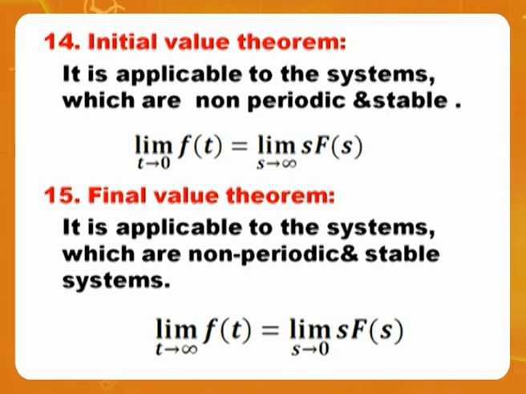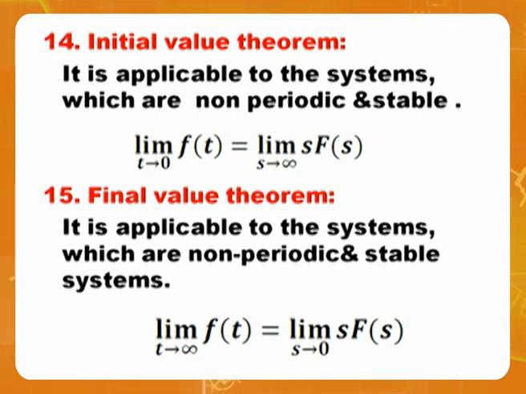Now, initial value theorem and final value theorem. Initial value means f of 0. When time is tending to 0, s is tending to infinity. So limit s tends to infinity, s into F of s. This is basically a theorem. But look here: it is applicable to systems which are non-periodic and stable.